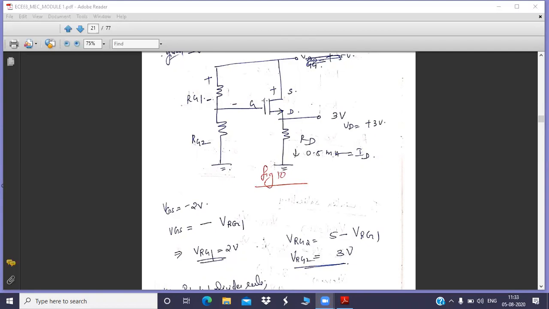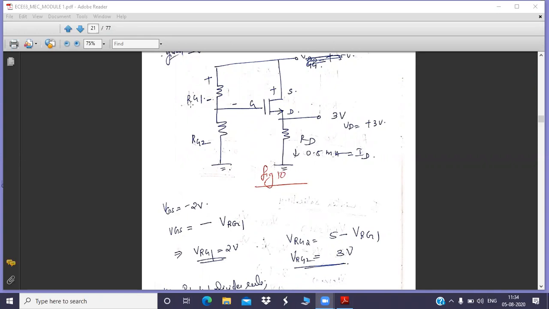But VGS is the negative of VRG1. Why negative? As per the polarity of the circuit, it is shown that here it is plus, here it is minus. So VRG1 is equal to 2 volt, VGS is equal to minus 2 volt. So VGS is equal to minus of VRG1.